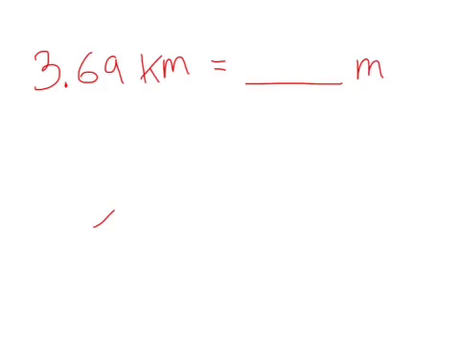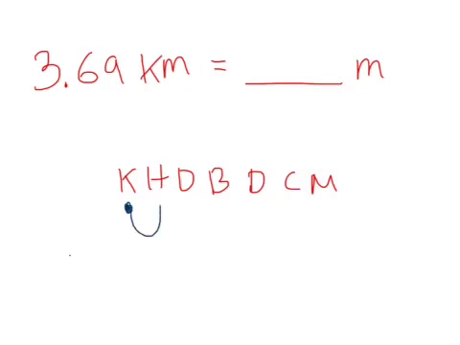A good way to do this is, I like to do mine horizontal. King Henry died by drinking chocolate milk. You're starting off at the K, so I'll put a dot, and this dot represents a decimal in kilo. I'm trying to go to the basic unit, which is the meters. 1/10, and then 1/100ths, 1/1000ths.